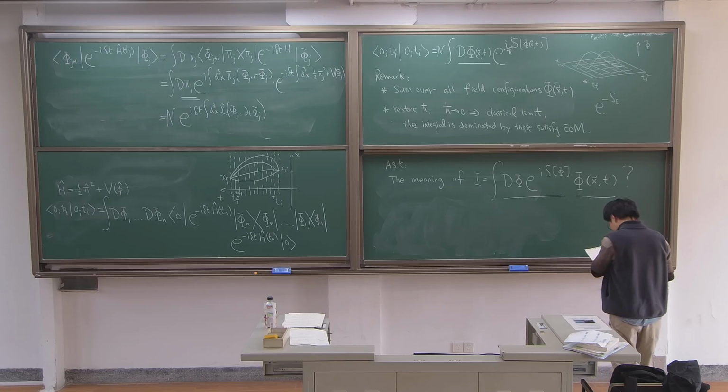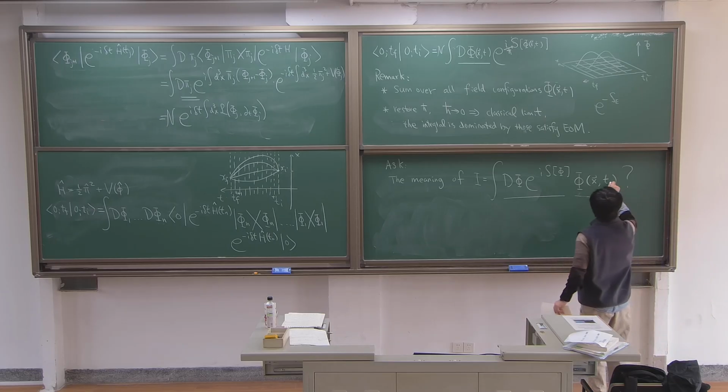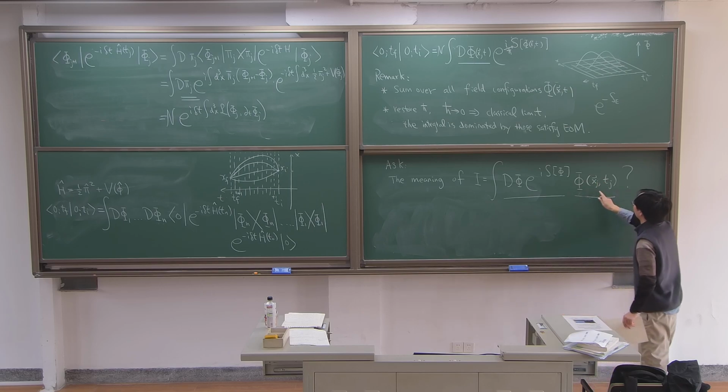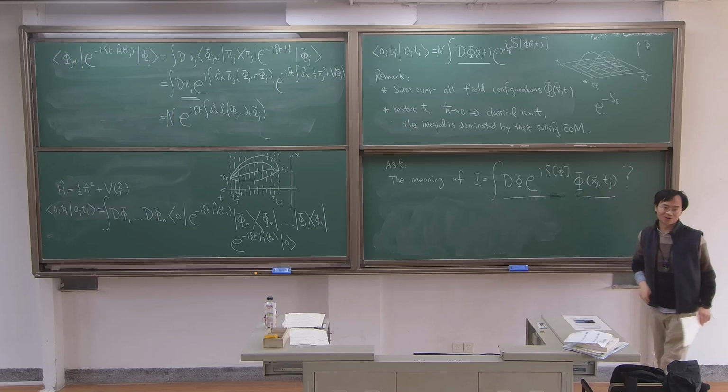So for that reason, let's put a more index, say j. Sometimes we can do also j here. There's not much meaning for this j, but we can do it here in order to denote this is at the j's time interval.